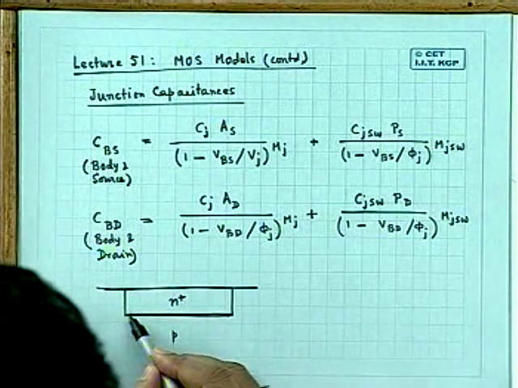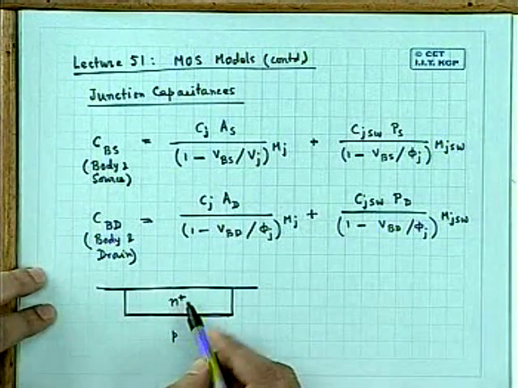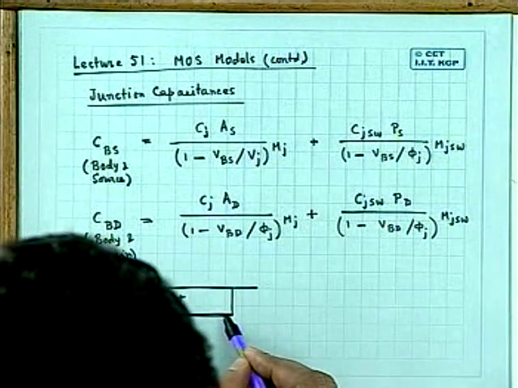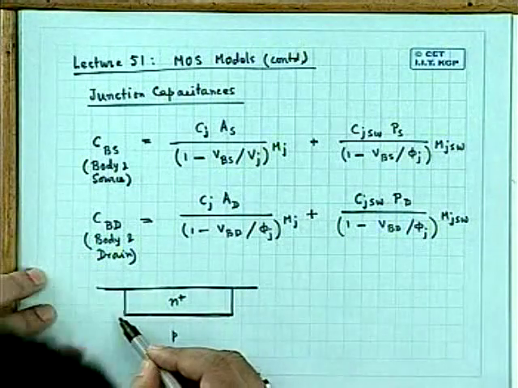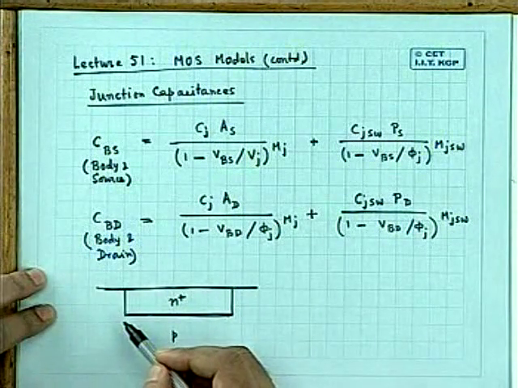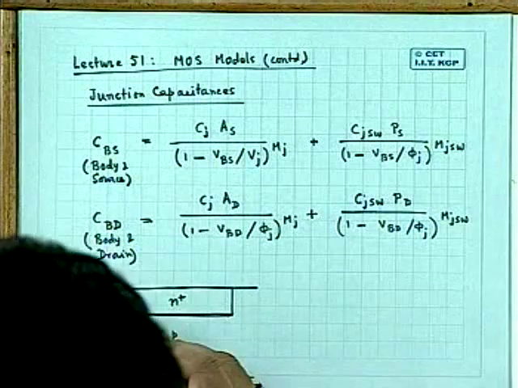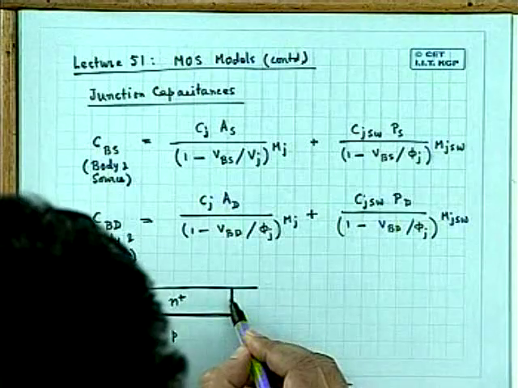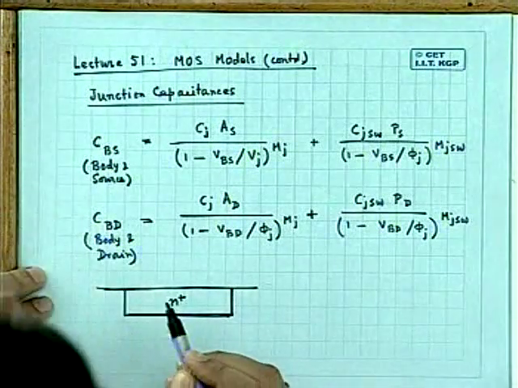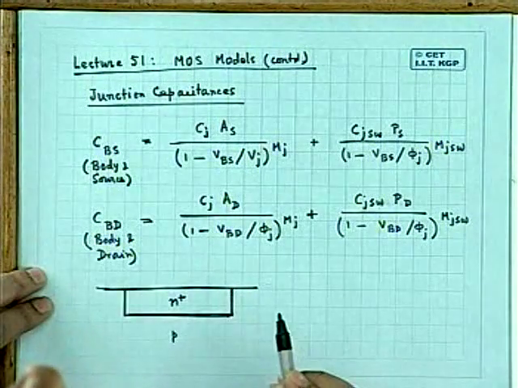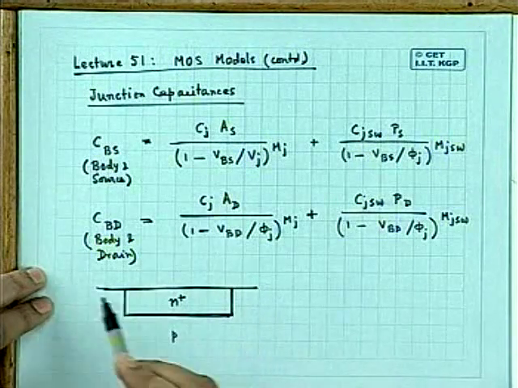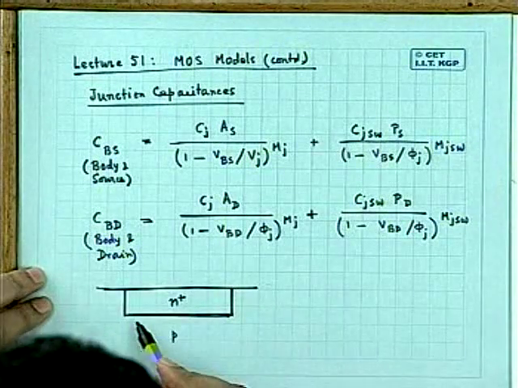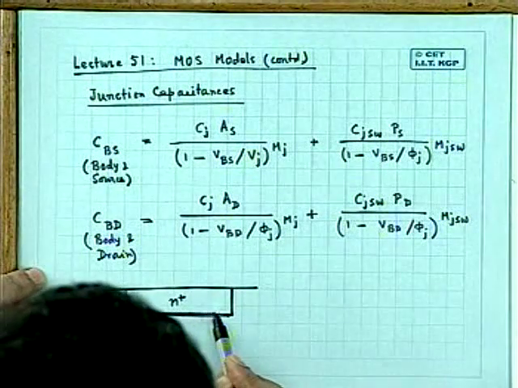You know that the junction which is formed has a more or less flat region and then a semicircular or cylindrical or elliptical region, but for simplicity it is being simulated like this. The sidewall regions are normally considered separately because of the high doping near the surface, which I told you earlier. The sidewall capacitance density is usually much higher than the normal flat bottom capacitance.